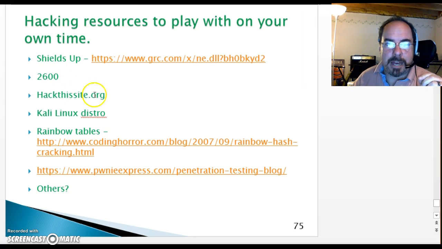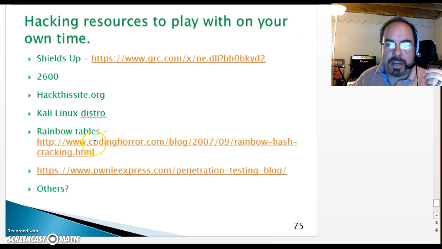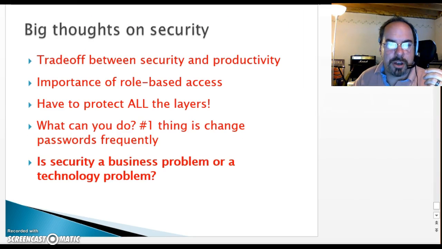And hackthisSite.org is a good one for testing your own hacking skills safely, in a legal, ethical, white hat sort of way. Kali Linux is a Linux distribution dedicated to intrusion testing, penetration testing, hacking, depending on how you use it. I don't even know why I'm giving you all these links. Geez. I'll expect you to share some juicy links with me too, for those of you that fool around with this stuff on your own time.